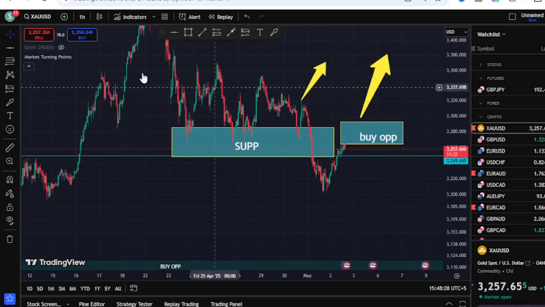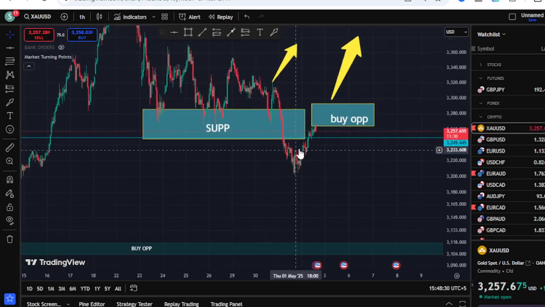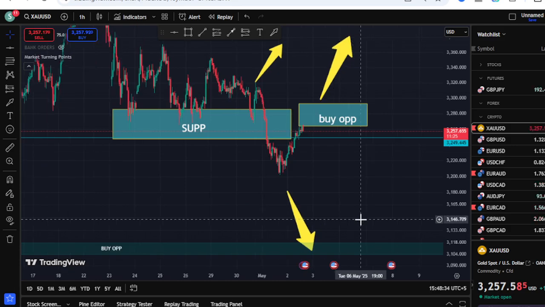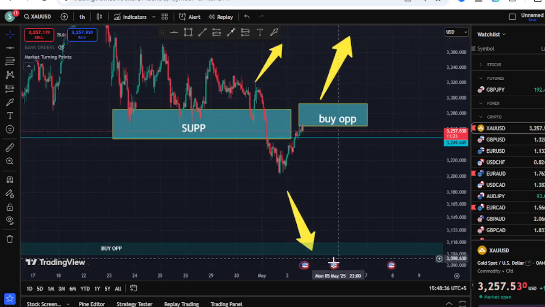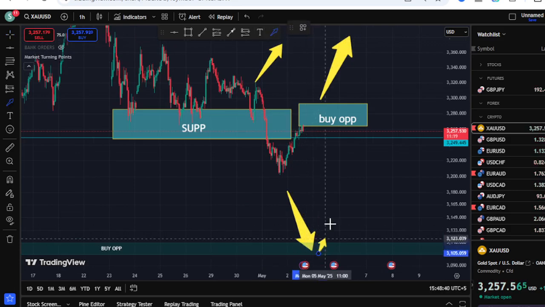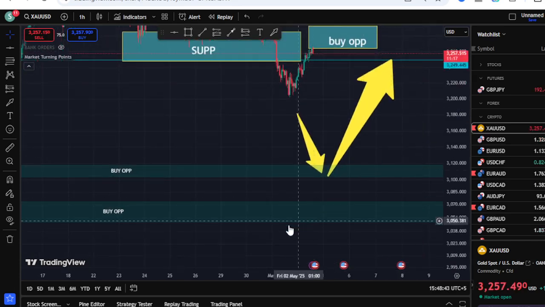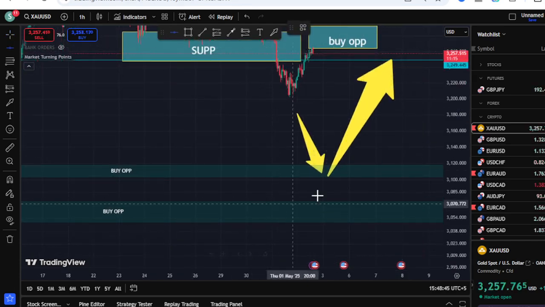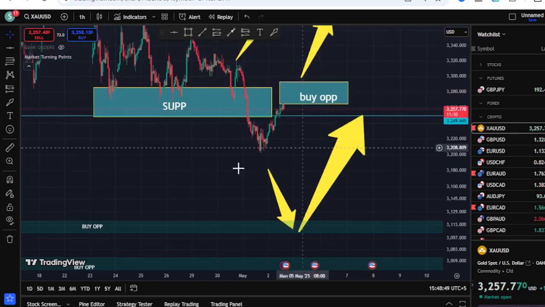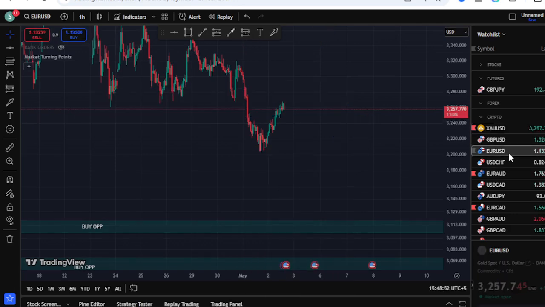In case the gold continues to drop, we have another liquidity level available here, and this will be the best discounted price to buy gold. Then we can go for a buy position and our stop loss will be somewhere here. Because we have two levels here, our stop loss will remain here, and then we can expect a bullish ride from here. And this is the over smart indicator.